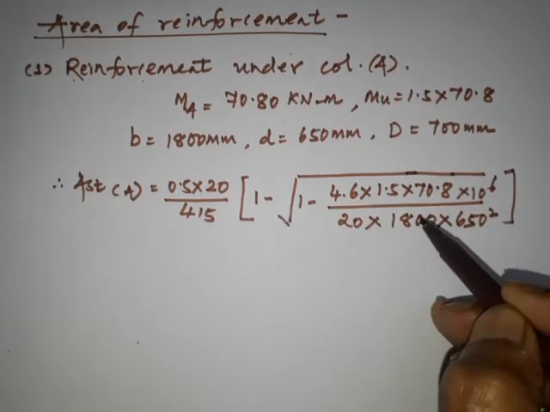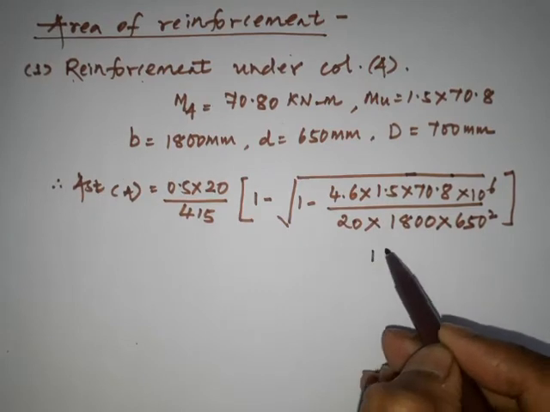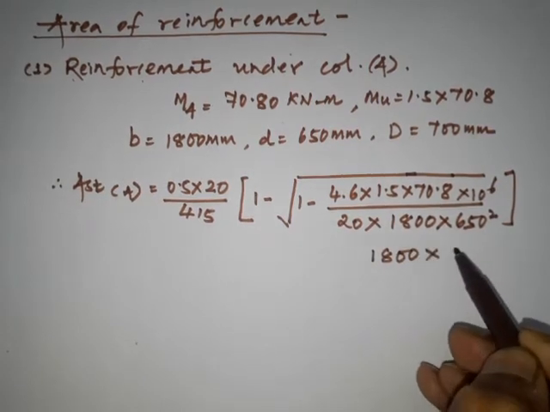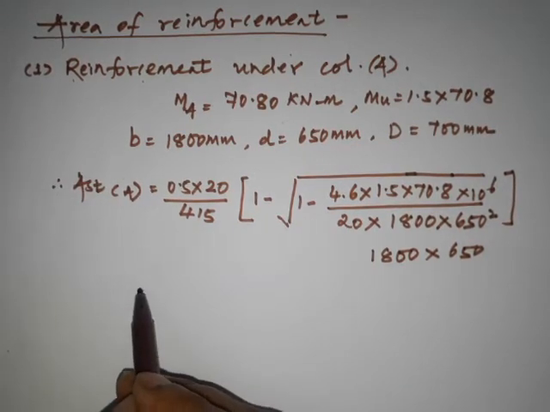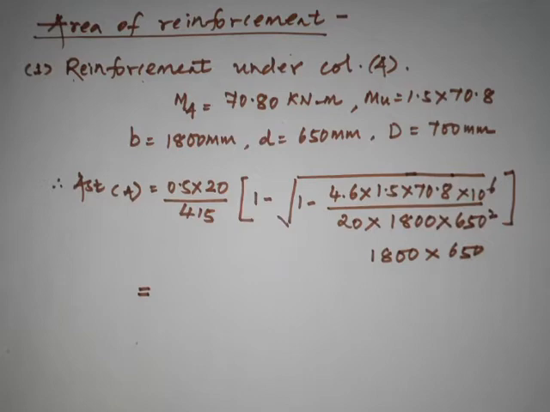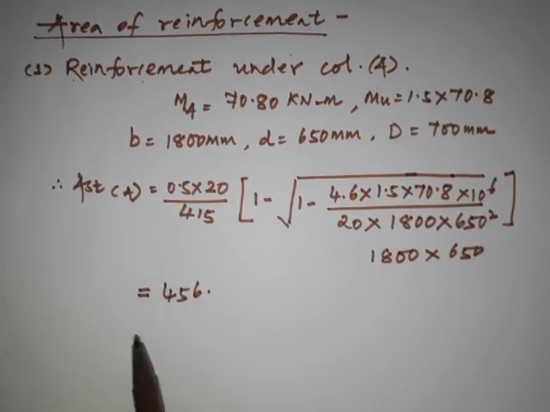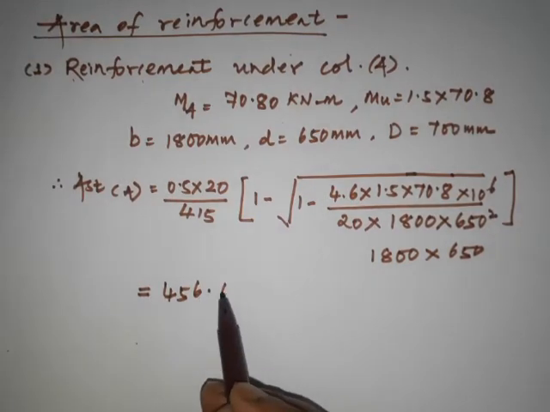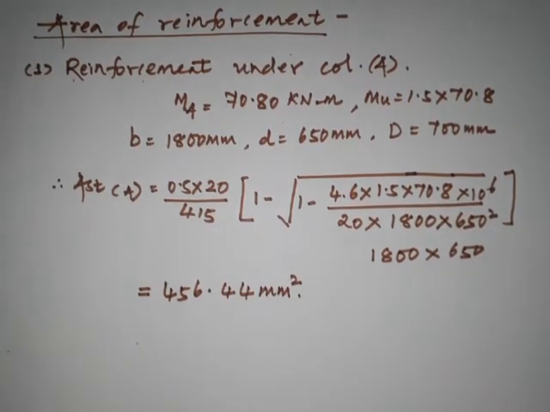So we'll get the value of AST as 456.44 mm square.